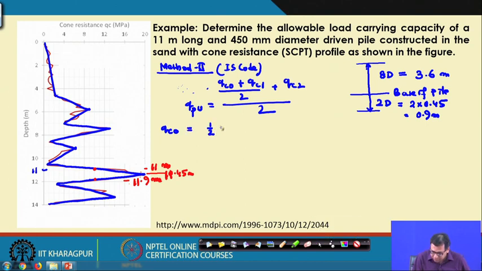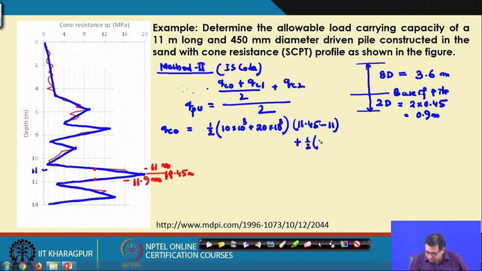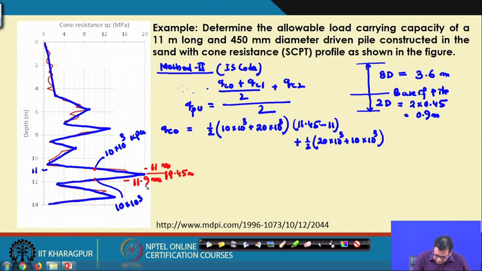I am just doing one: 10,000 into 3 plus 20 into 3, and the thickness of this zone is 11.45 minus 11, then plus, again from here to here, half into 20 into 10 to the power 3 plus 10 into 10 to the power 3. Here it is 10 into 10 to the power 3 kPa, here it is 20 into 10 to the power 3.